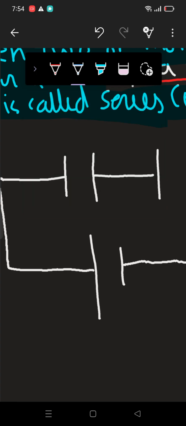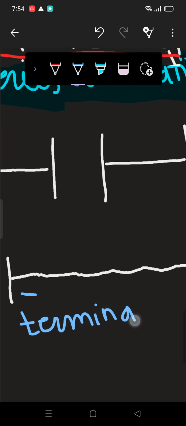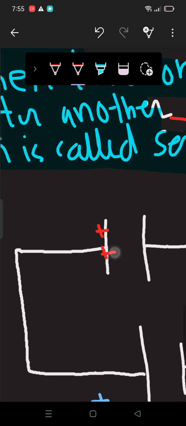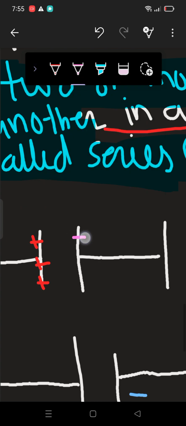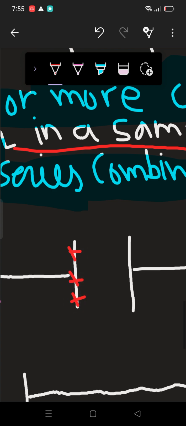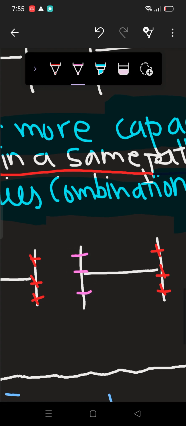Let me mention here, this is the positive terminal and this is the negative terminal. Of course this is connected with the positive terminal of the battery, which means here we have positive charges and here we have negative charges, which I'm representing with pink. Again here positive charges, here positive charges, and here negative charges.